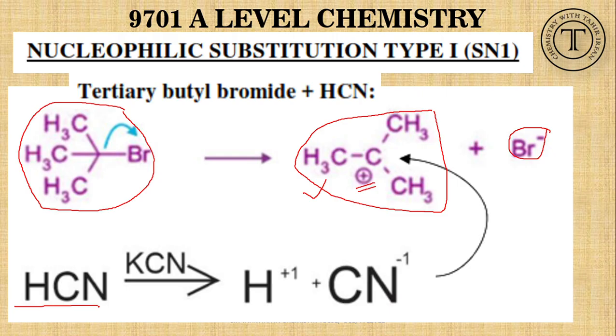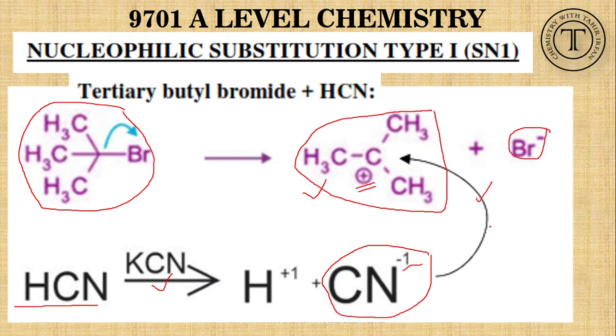hydrogen cyanide that first ionizes to make cyanide ion by the action of potassium cyanide. Now this cyanide ion, CN-1 ion, is a powerful nucleophile because it attacks this nucleus that is positively charged, because this is negatively charged and this carbon is positively charged, so there will be attack from negative charge towards positive charge by showing a curly arrow, this one.